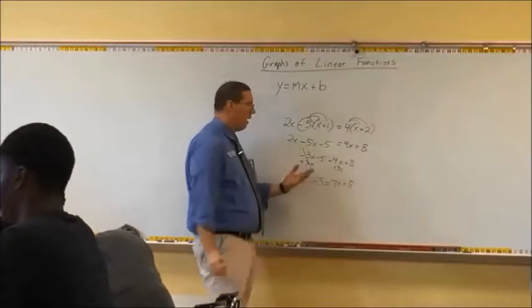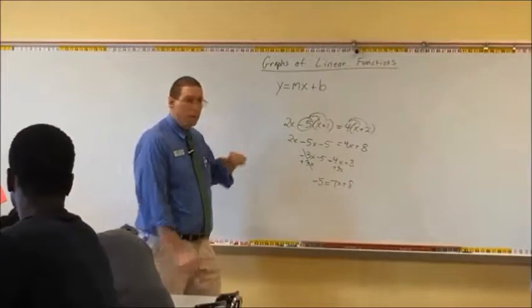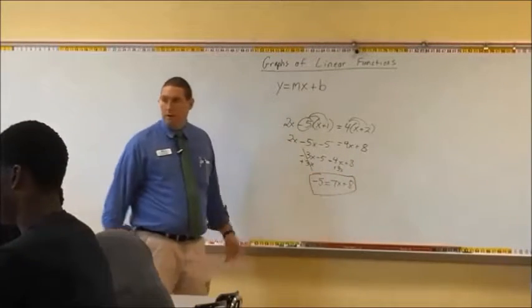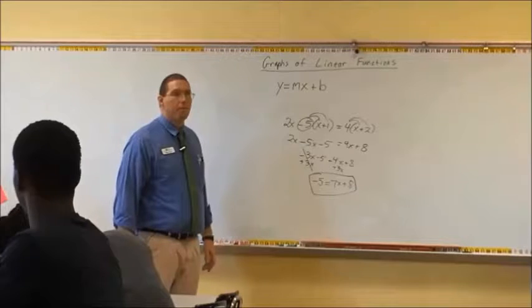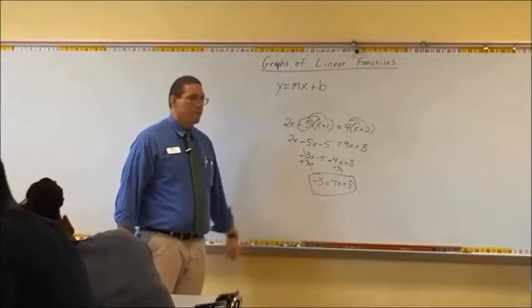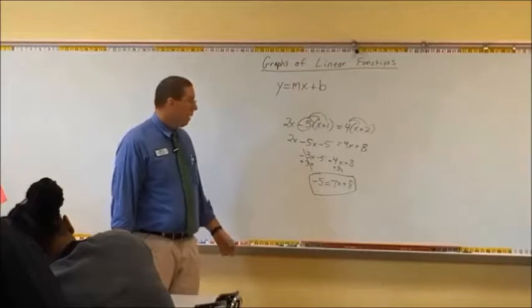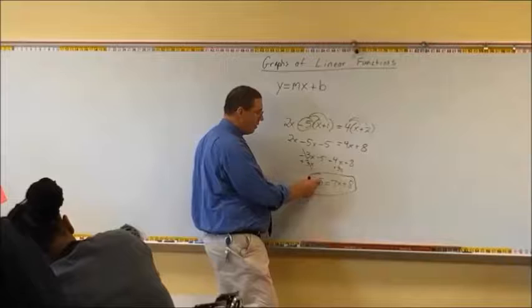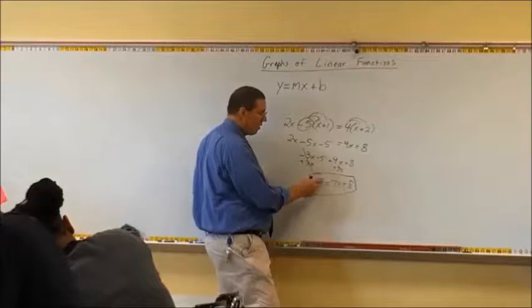Now I could solve for x, but I'm going to stop. You know why? What do I have here now? I have a linear equation, right? I have something in y equals mx plus b form now, where my y value is negative 5. So I could change it up, and instead of making this a negative 5, make it a negative 6 or a negative 7.